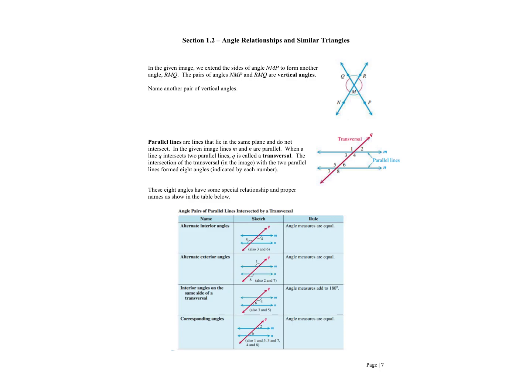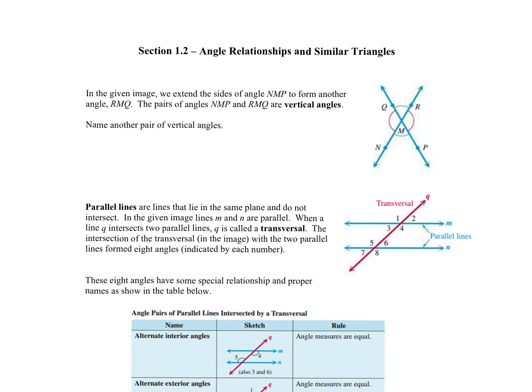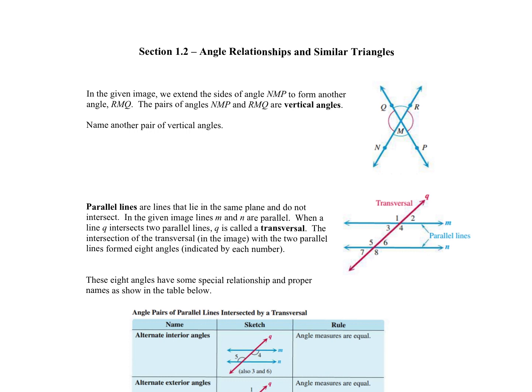So today we're going to continue our review of some basic geometry things before we really jump into the trigonometry. If you look at the picture given, it says, in the given image, we extend the sides of the angle NMP.